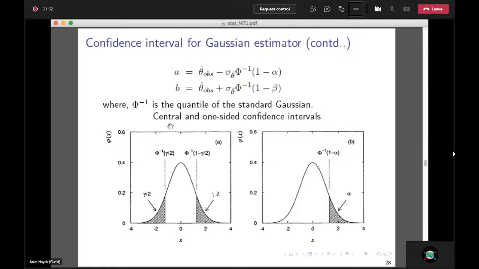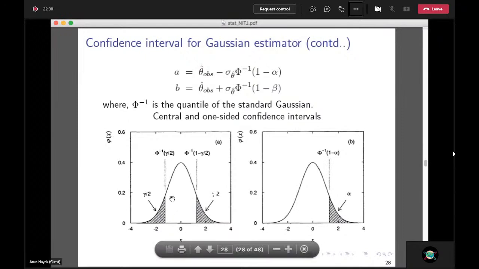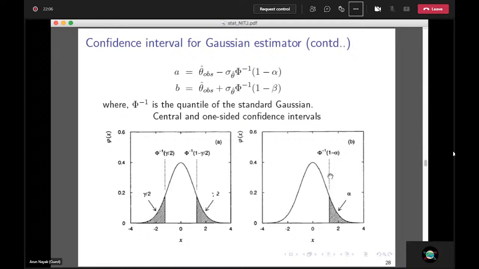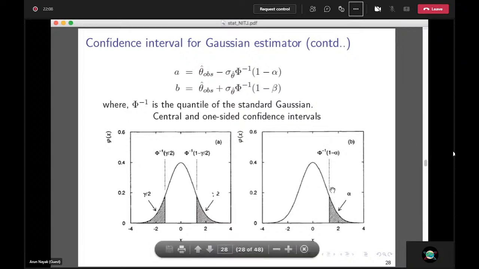Here you can see, for example, the central and one-sided confidence intervals for the standard Gaussian. For the central interval, the probability on each side is gamma by 2, and for the one-sided interval, the one side you can take as gamma.